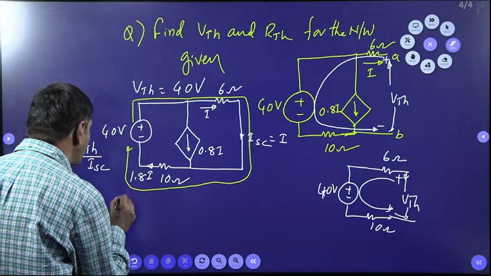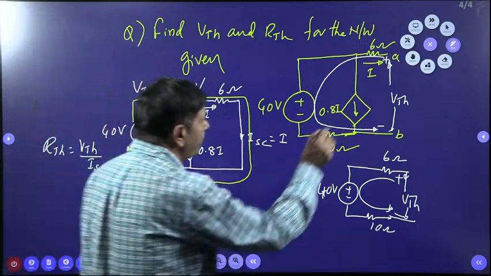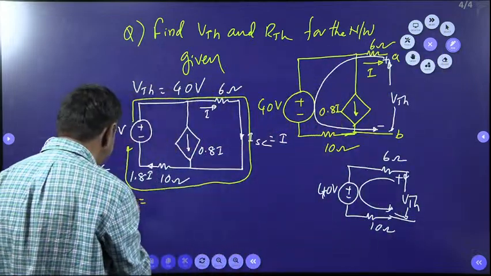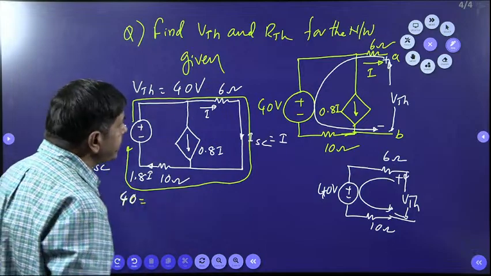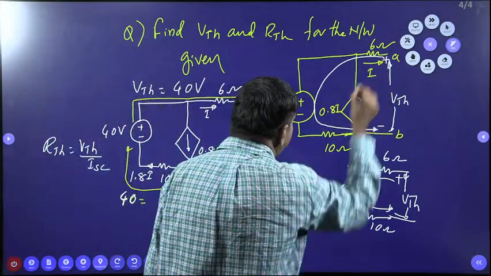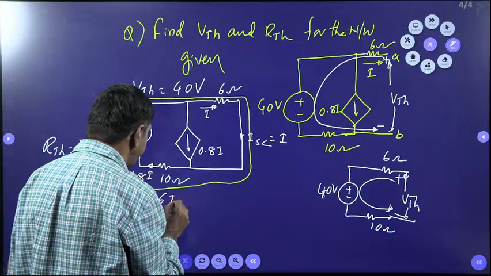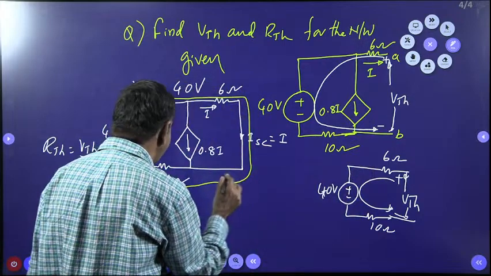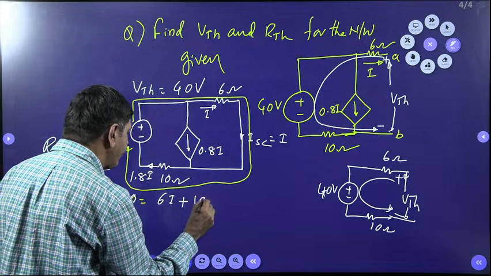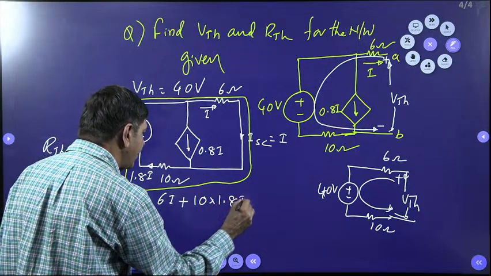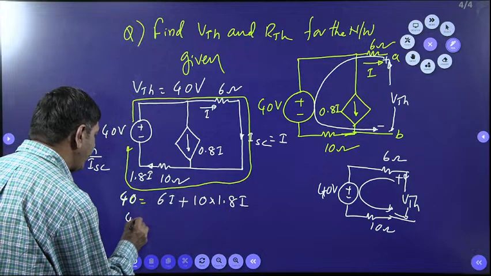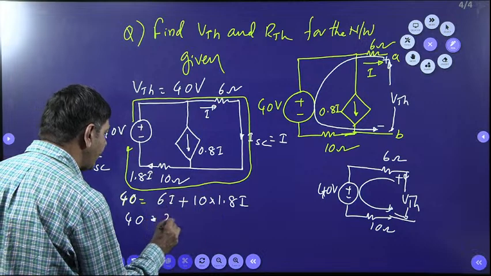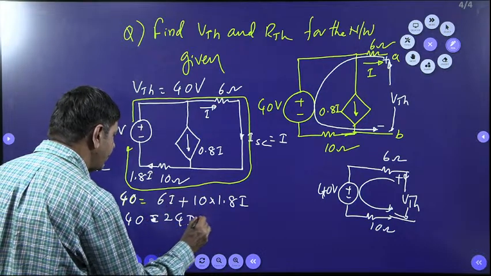The 40 volts equals, when I go this side, 6 into I plus, when I go this side, 10 into 1.8 I. Now I can write 40 equals 10 into 1.8 I, which is 18 I, plus 6 I, so 24 I. What is I?